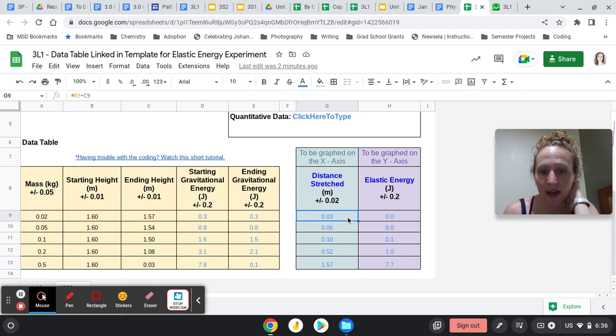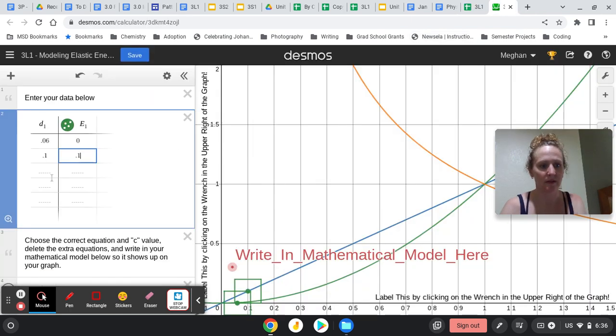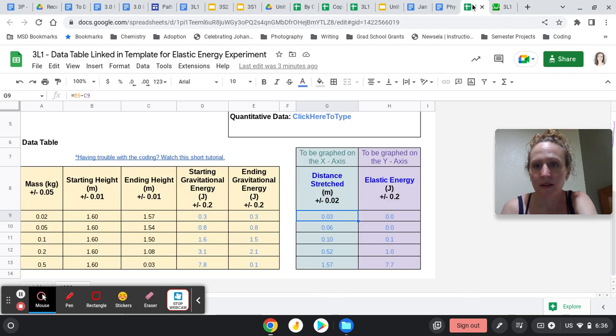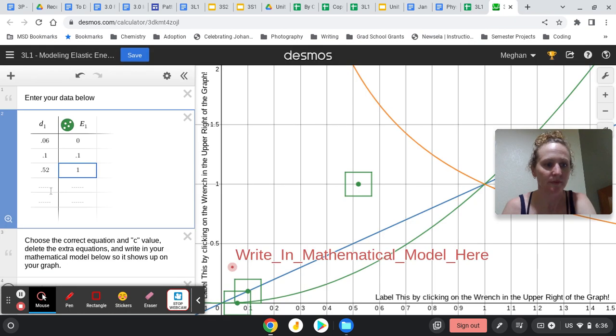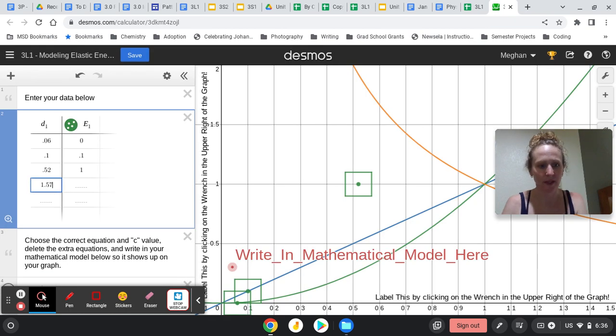My next set is 0.52 and 1. And then I have 1.57 and 7.7. Okay, so I have my data in now.